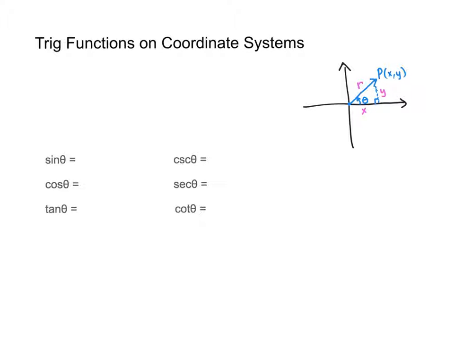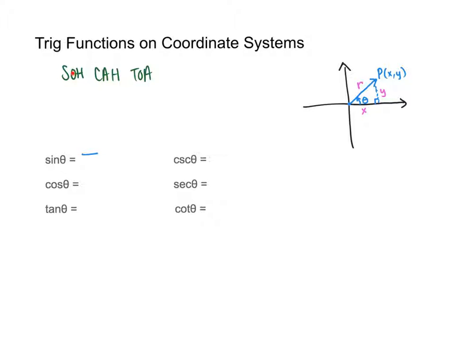Okay, so from here, let's talk a little bit about how this coordinate system plays onto the trig functions. Let's find our ratios. Sine is going to be pivoting off of this angle. If you remember SOHCAHTOA, I'll write it here.